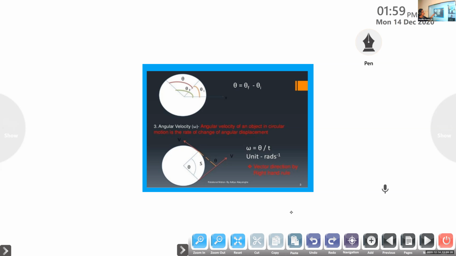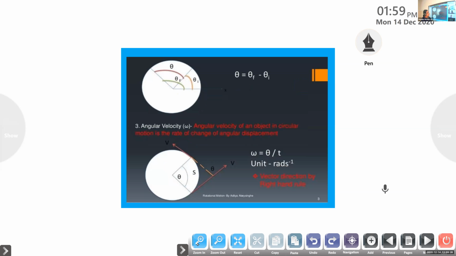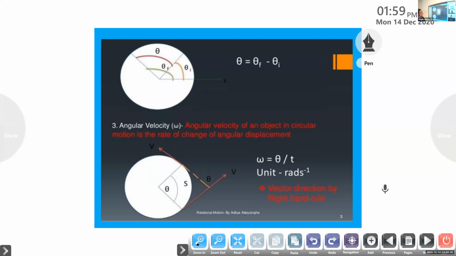Next, angular velocity omega. This is what I asked you in your periodic test. Do you remember? The majority have written the SI unit as radian instead of radian per second. That is why the majority of you lost marks. I know that your performance was not good. I did not forget to ask about it.